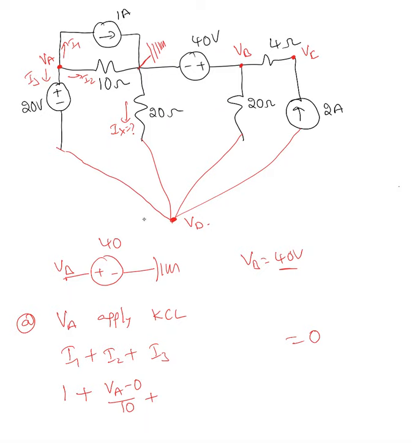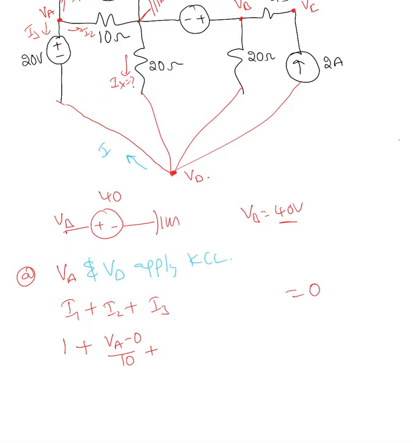So what I'm going to do, I'm going to apply KCL again at VD. So I'm applying KCL at VA and VD. Okay, so at VD, I'm going to take I4, I5, I6, I7. So I3 plus I4 plus I5 plus I6 plus I7 equal to 0.